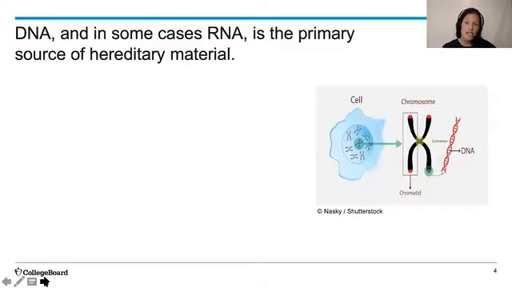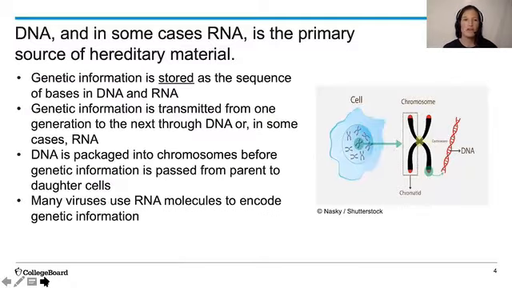DNA, and in some cases RNA, is the primary source of hereditary material. So what we're talking about here is that genetic information is stored in a sequence of bases. Those are bases in either DNA or RNA, and that allows us to transmit that genetic information from one generation to the next through that DNA, or in some cases RNA.